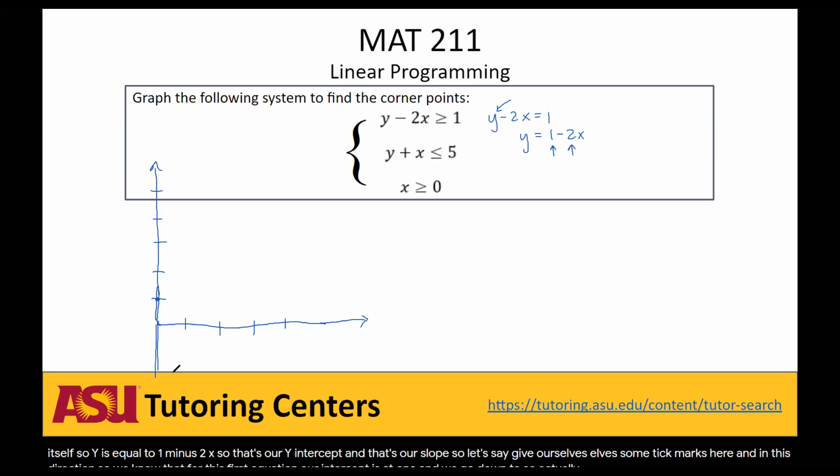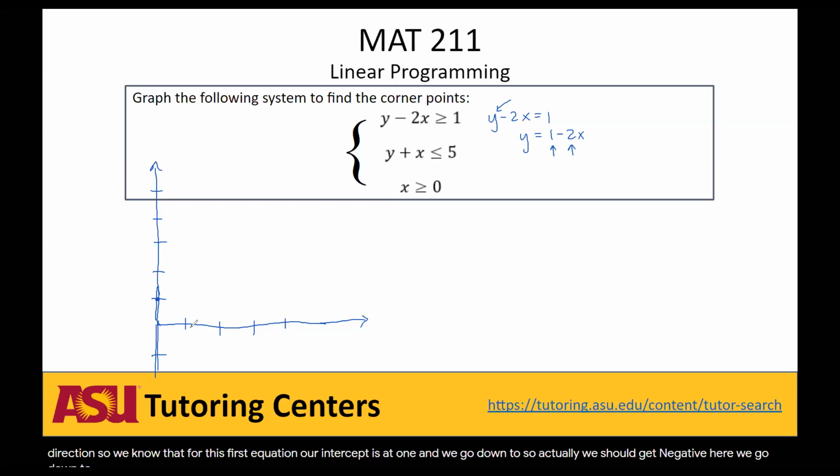We go down 2 units in the y direction every time we go 1 positive unit in the x direction. So our next point would be right here. Hang on. We would have our first line something like this, kind of.